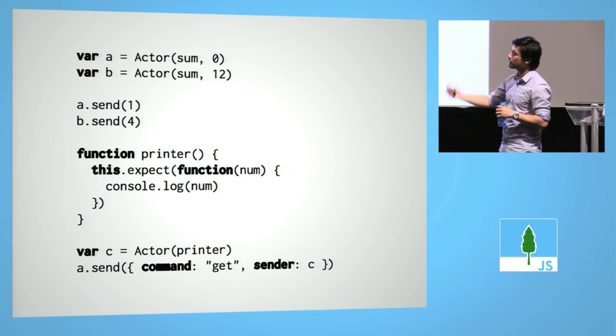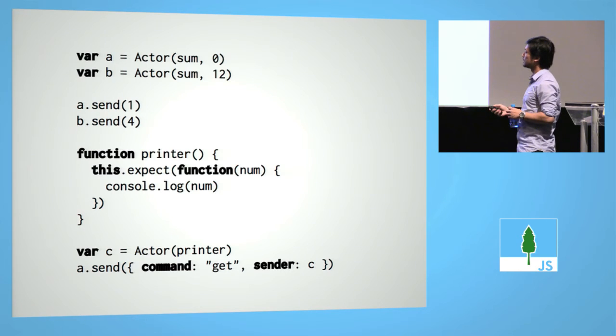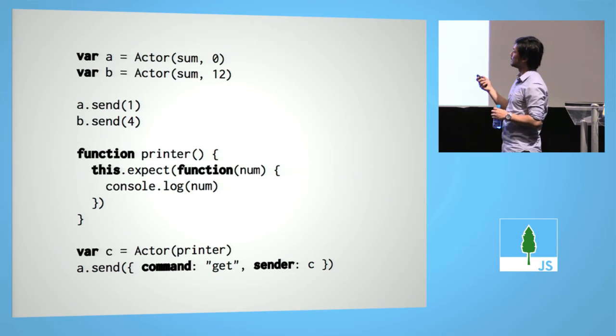So what we need is another actor, a printer, that can send A the command get so that A can send back its state, which will be printed out. So we completely ignore B's state.